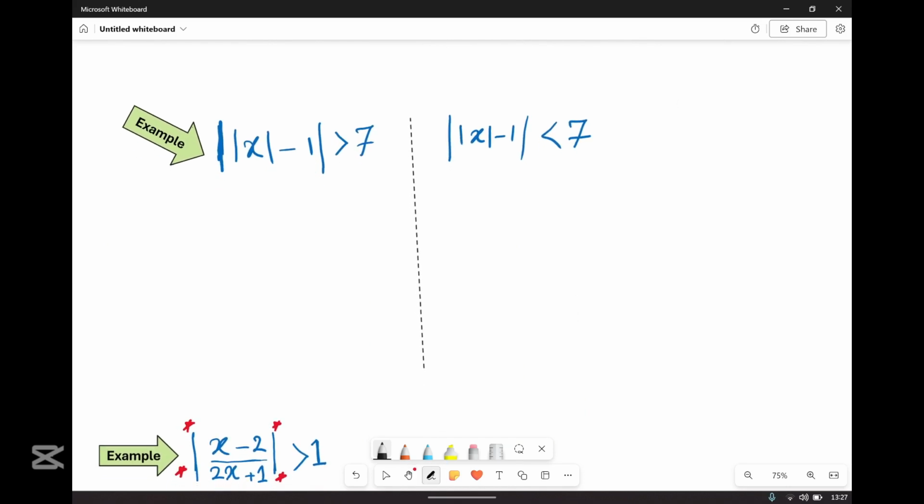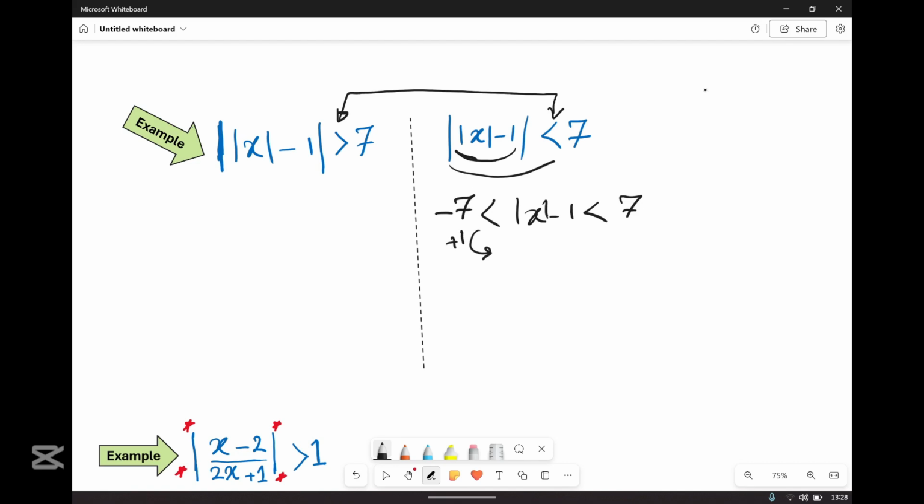We're going to solve this equation exactly the same, but with just a little change. At the first I solve this. When this appears, what is inside the absolute value is between 7 and -7, and if we add 1 unit to this inequality, it is between -6 and 8.